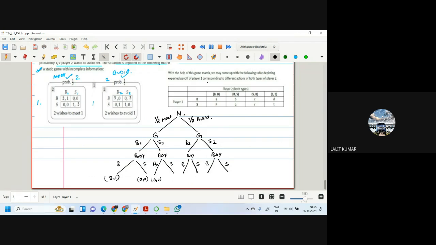S1S is 1-3. Now we come to our other type. B2B is 3-0. B2S is 0-1. S2B is 0-3. And this is 1-0.